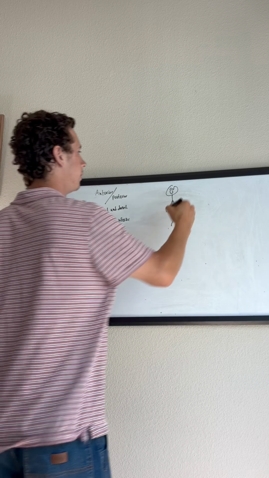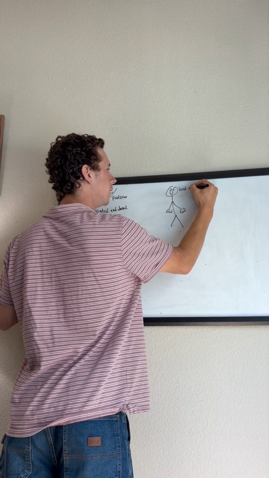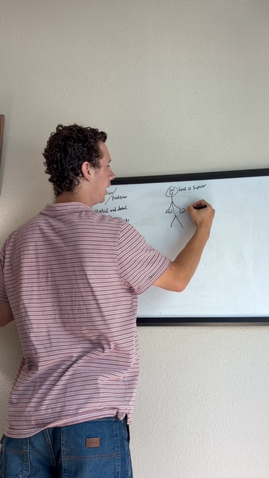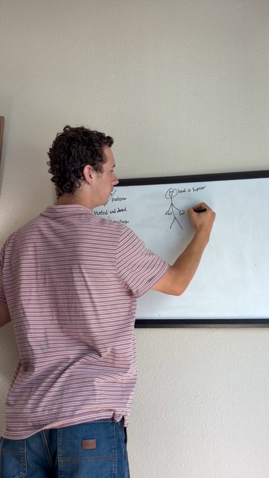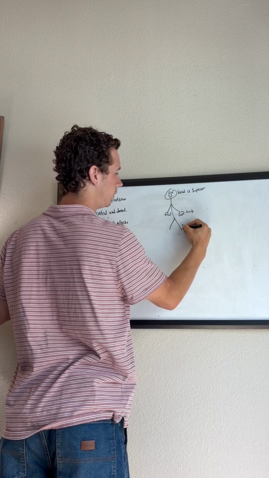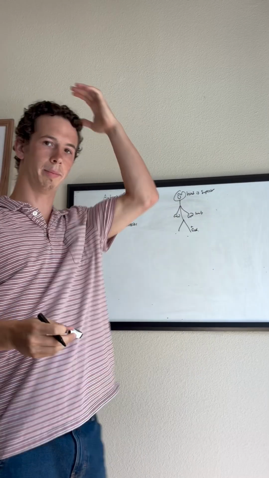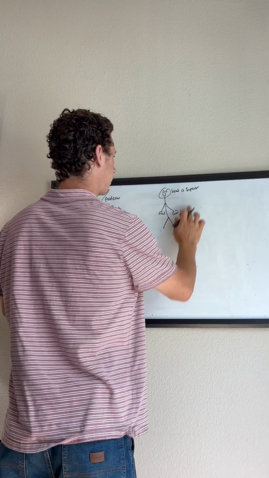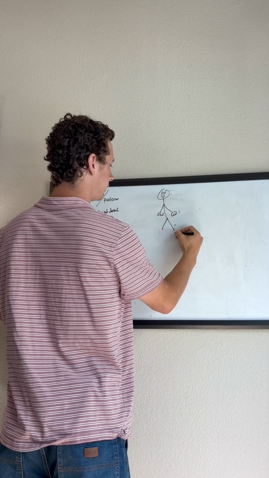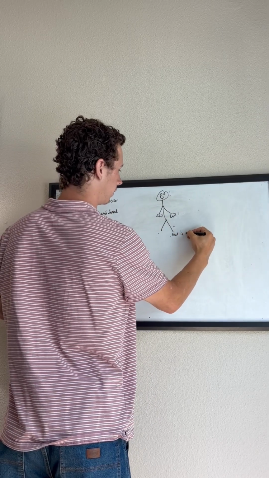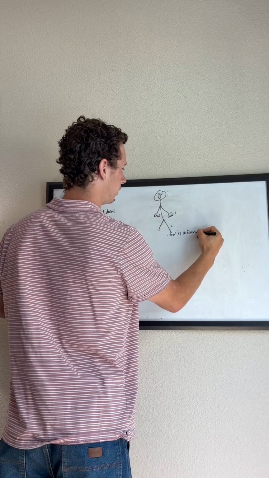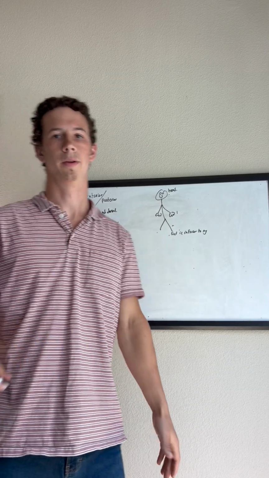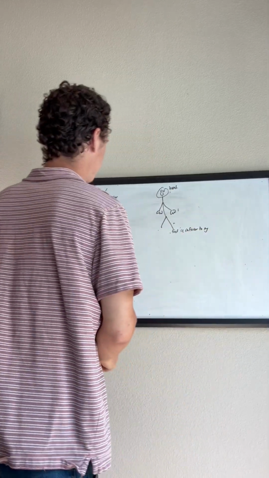My head is superior to my hands and feet, because it's above my hands and feet. My feet are inferior to my head. It is below my head. Okay.